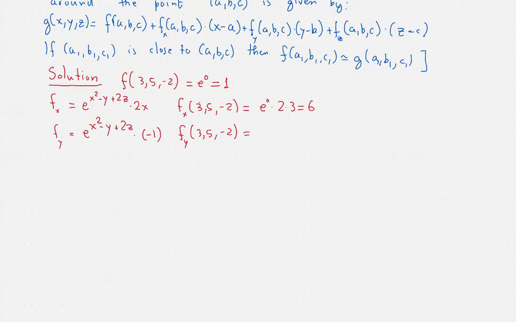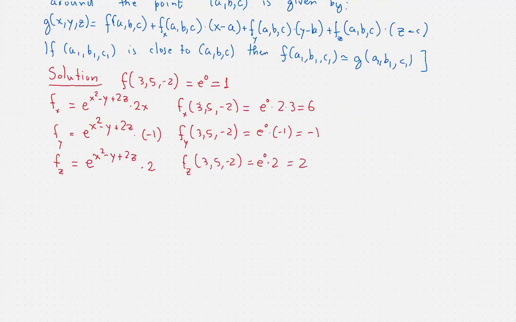And the partial derivative with respect to z will be e to the x squared minus y plus 2z times simply 2, which is the partial derivative of the exponent with respect to z. So f sub z at (3, 5, -2) will be e to the 0 times 2, which is of course 2.